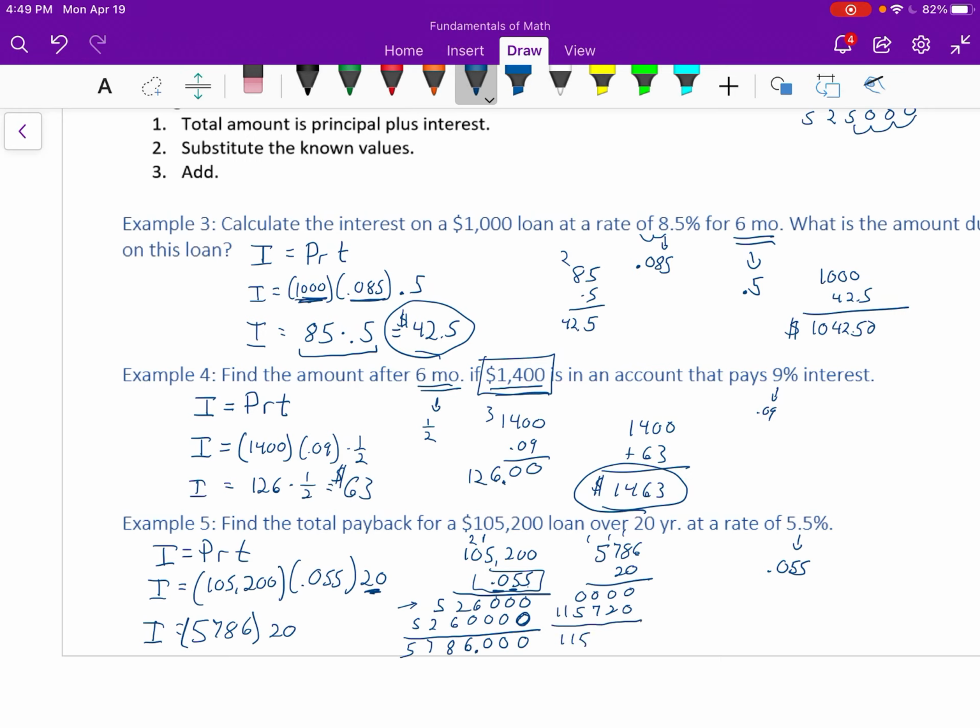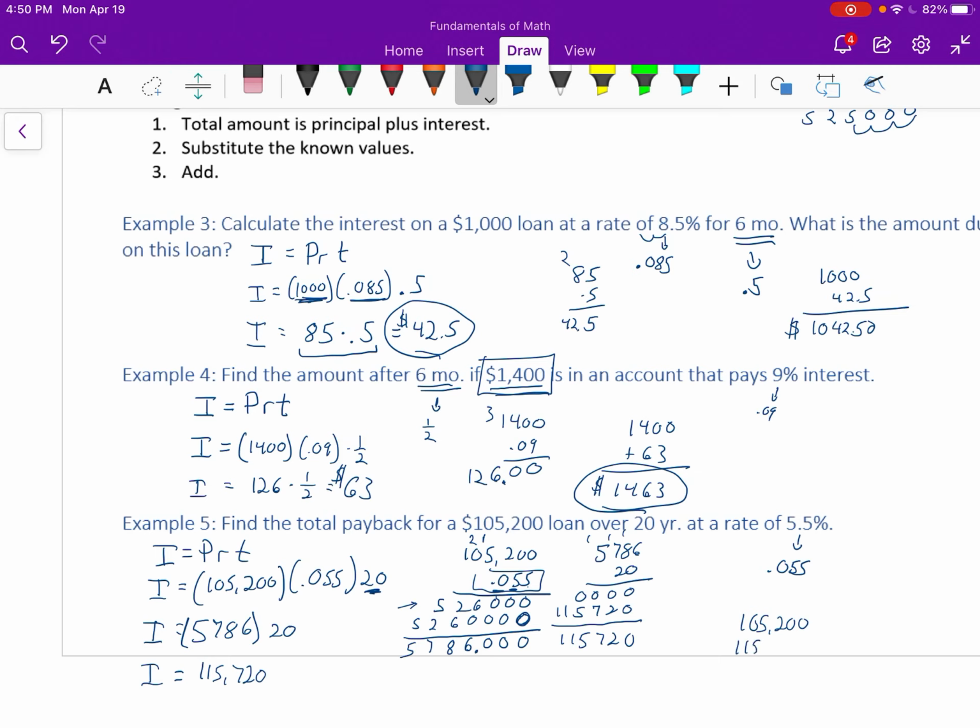So that is the total interest. There's no decimals to move over. So we got $115,720.